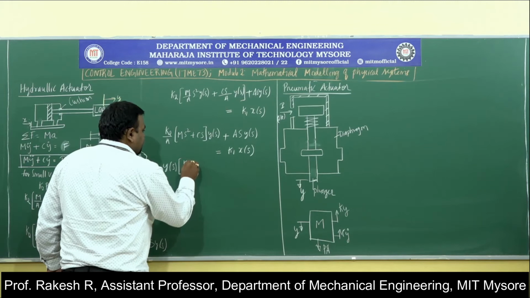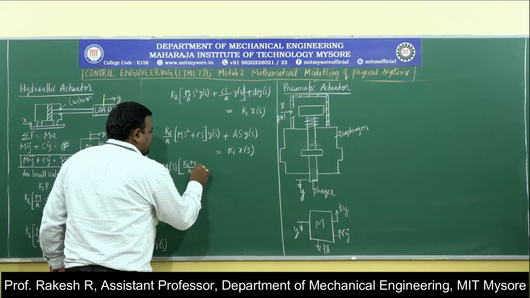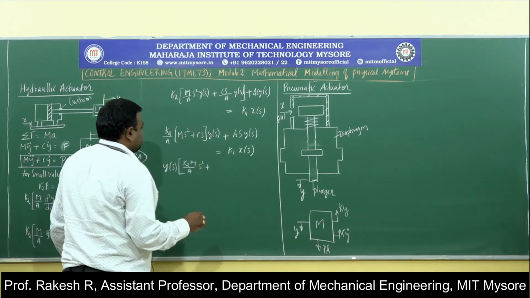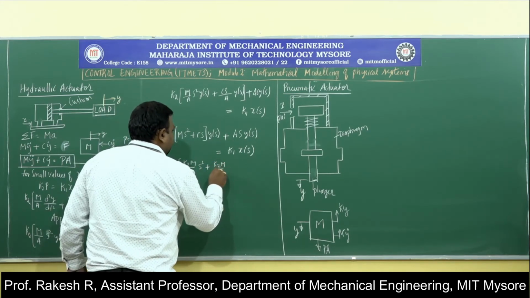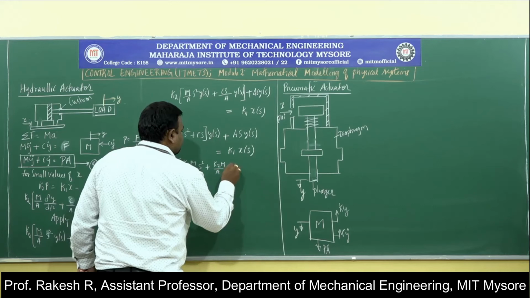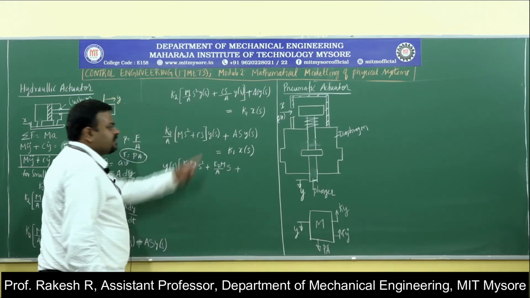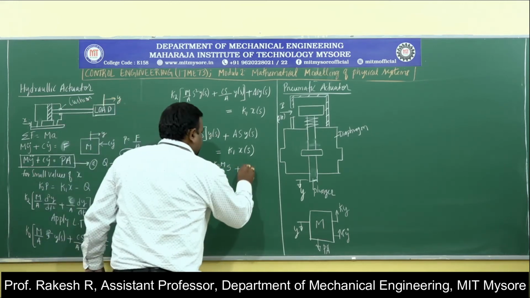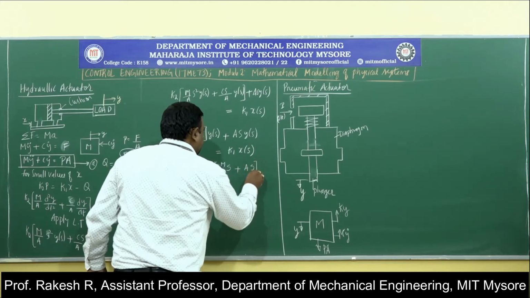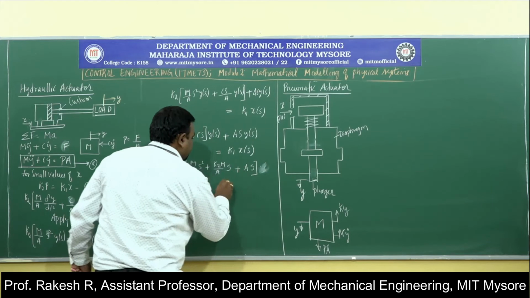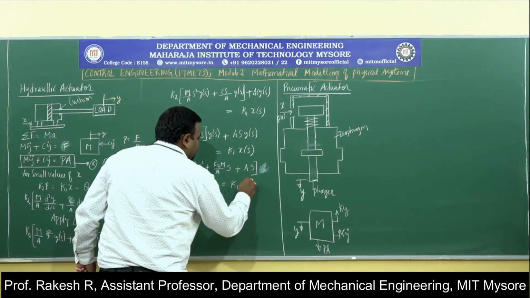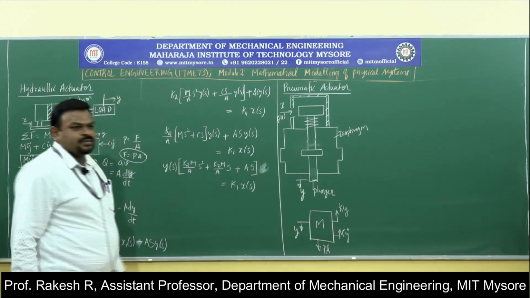So K2 into M by A S square plus K2 into M by A S plus this term A into S into Y of S, already I have taken common, will be equal to K1 into X of S.